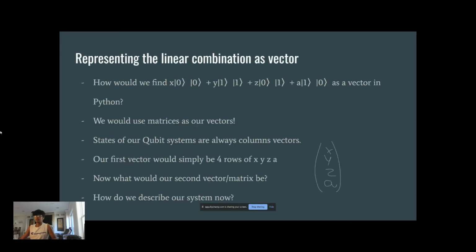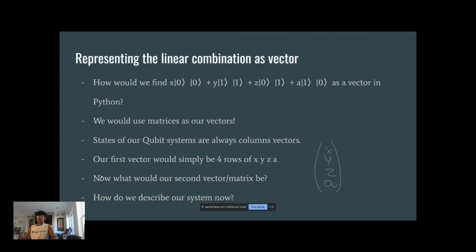Now how would we represent this whole linear combination, x 00 plus y 11 plus z 01 plus a 10, as a vector in Python? Well, we would use matrices, and the states of our qubit systems would always use column vectors. So we'd have our vector, or array in Python, of x, y, z, a.